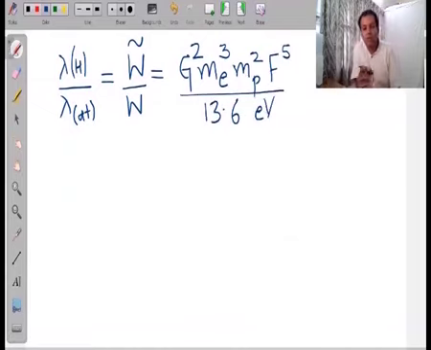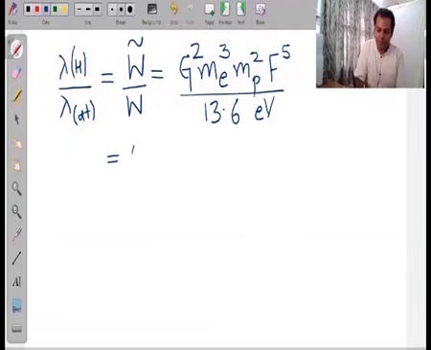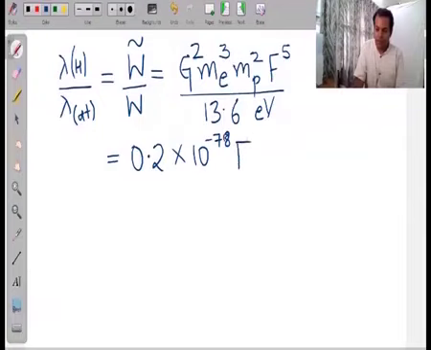And all the constant values are given to us, so we can plug them in and obtain the answer as 0.2 into 10 raised to minus 78 and F raised to power 5.